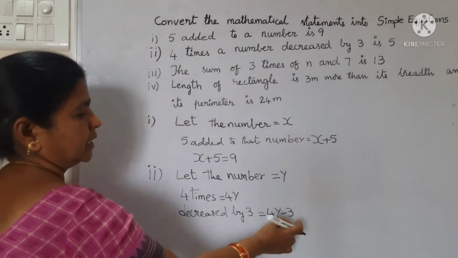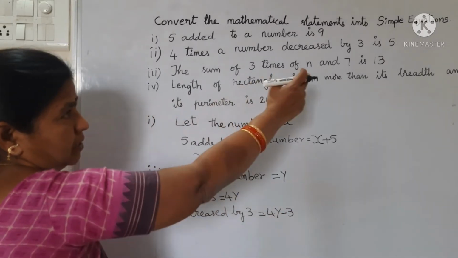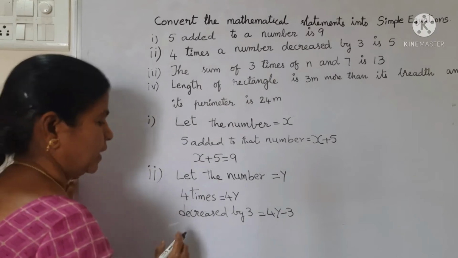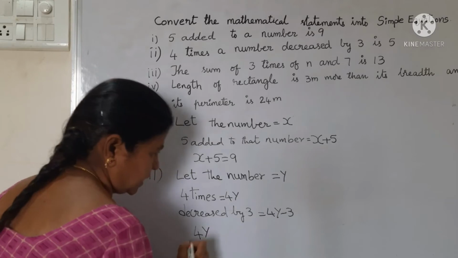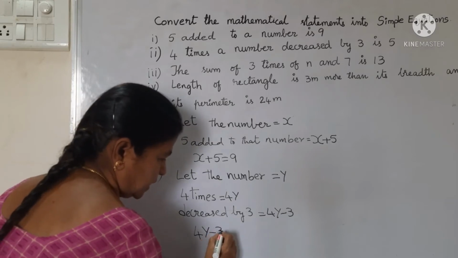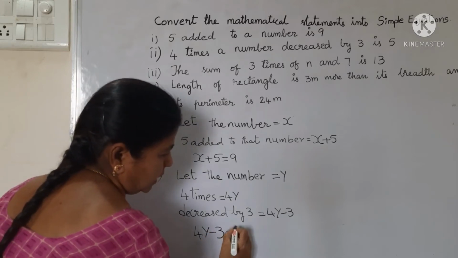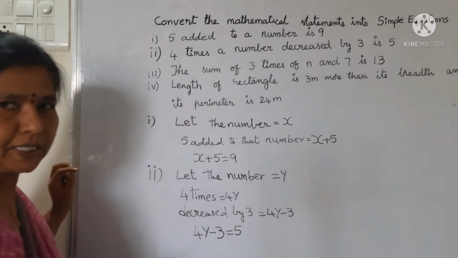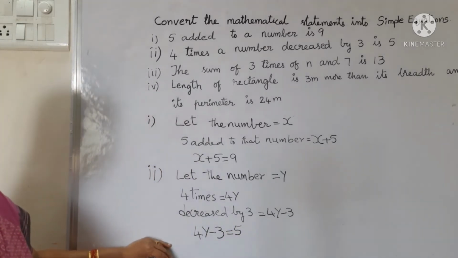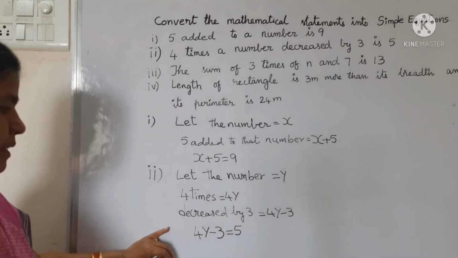We are decreasing 3 from this number. What is the answer? We get 5. So 4y minus 3 equals 5. This is the required equation. Like this we have to read and write the problems.